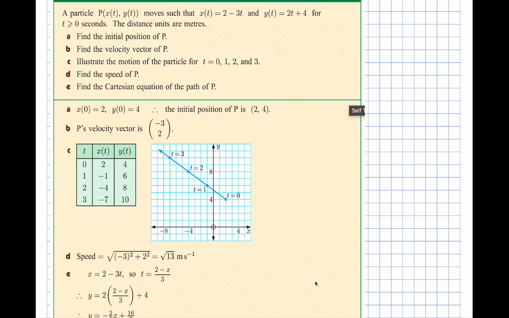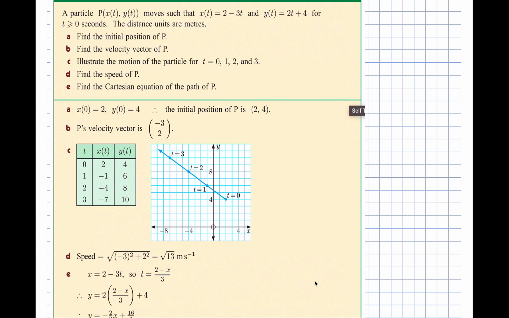Speed: when we want to work out the speed, we're looking at the velocity vector here and using that here. So -3 squared plus 2 squared, all under the square root. It's effectively Pythagoras.